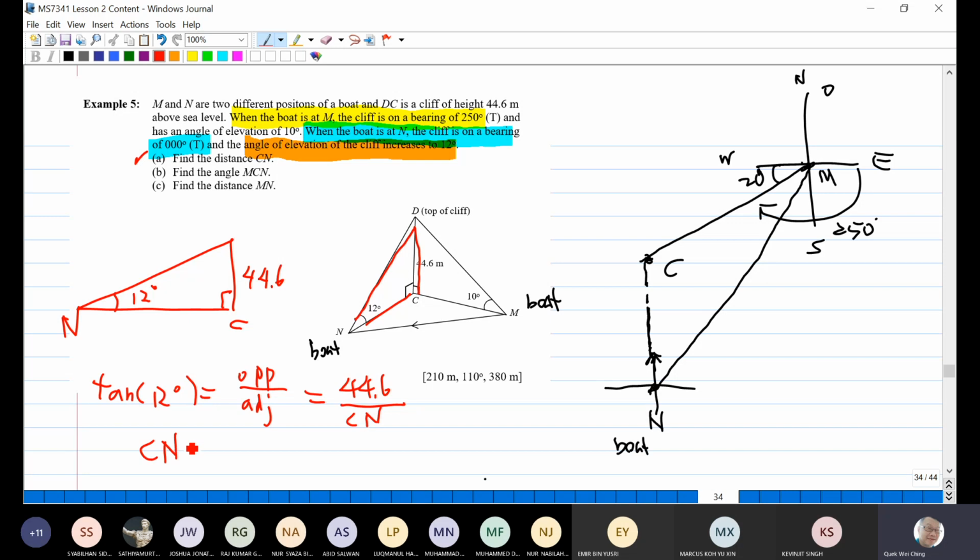CN is 44.6 over tangent 12, which is 44.6 divided by tangent 12.